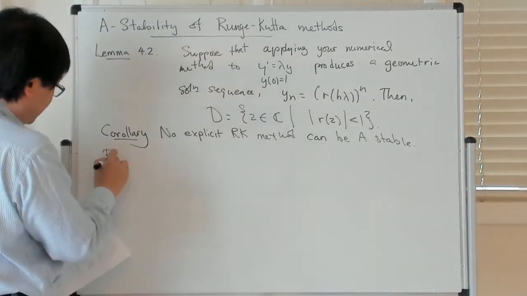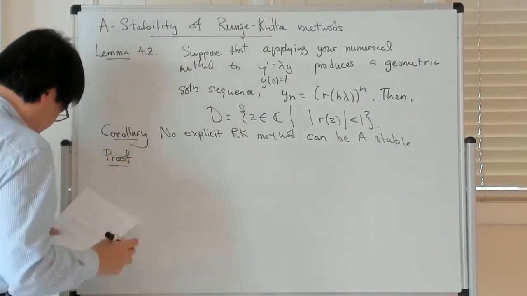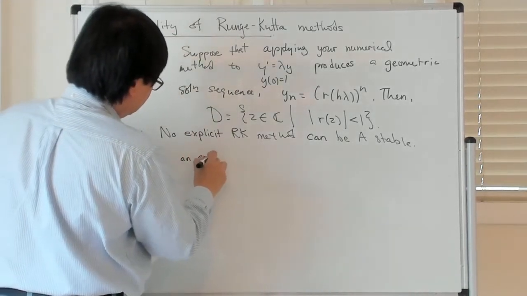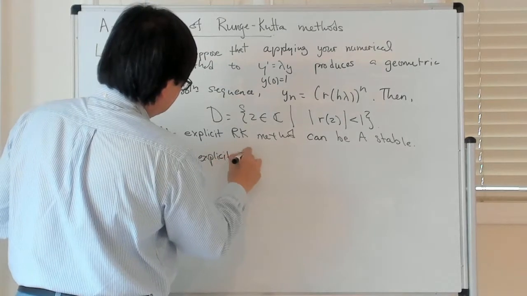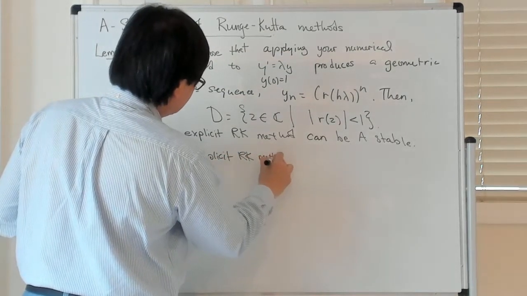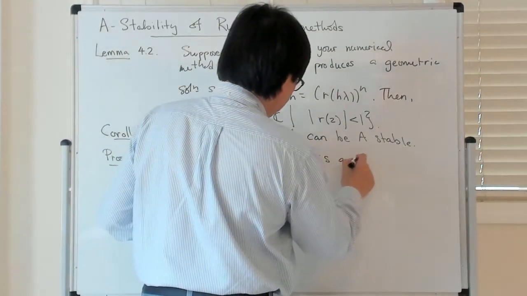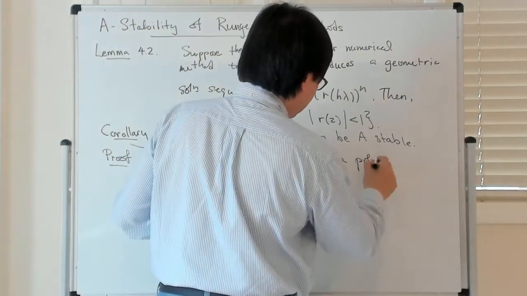So the proof is that if you're given an explicit Runge-Kutta method, R is a polynomial, it's not a rational function.